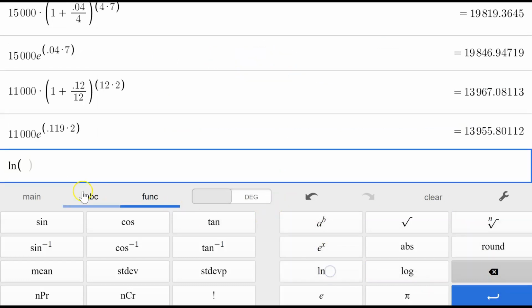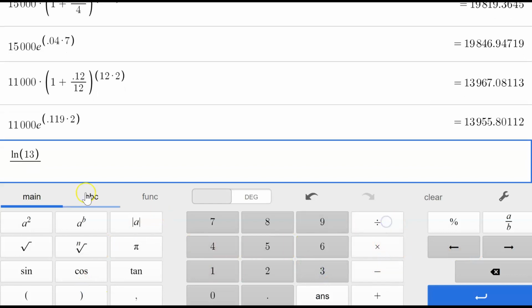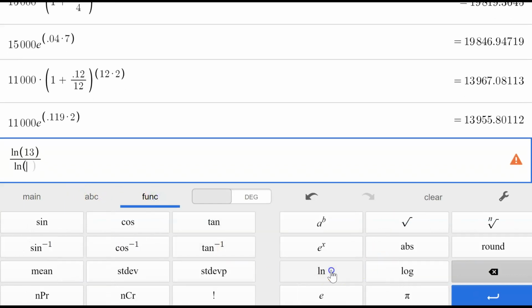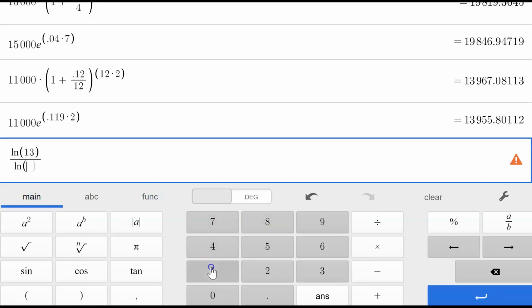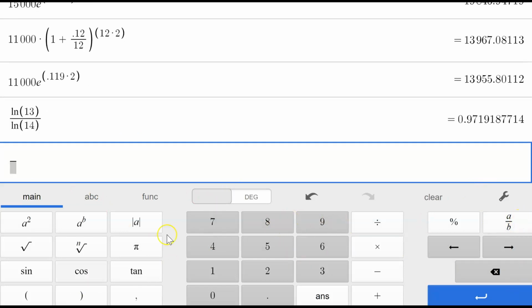So see, ln of 13 divided by ln of 14, that's the value. Now if you use the common logarithm, you arrive at the same answer.